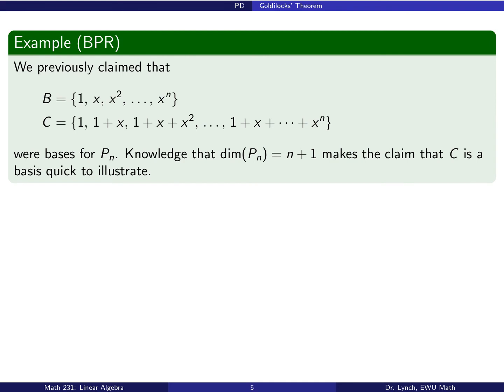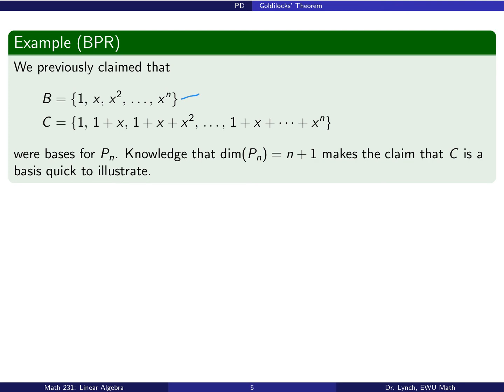So here's an example. We previously claimed that a basis for Pn is this set of polynomials 1, x, x squared, all the way out to x to the n power. Now, since we know that the dimension of this polynomial set is n plus 1, all we have to do to show that C is a basis is to show that it's linearly independent.